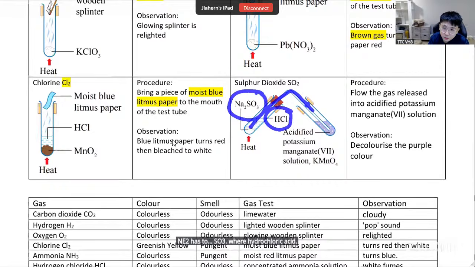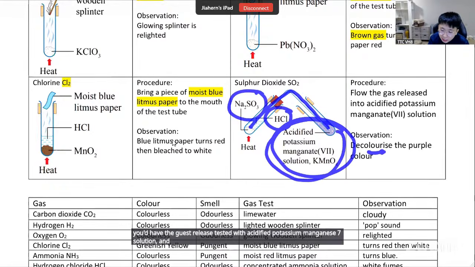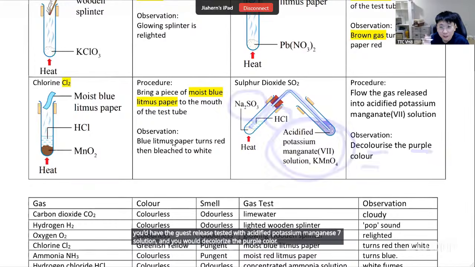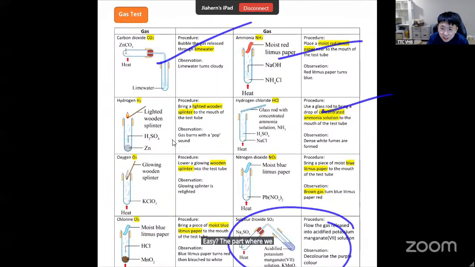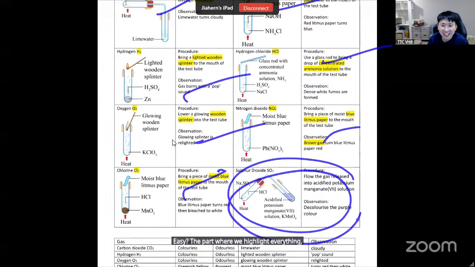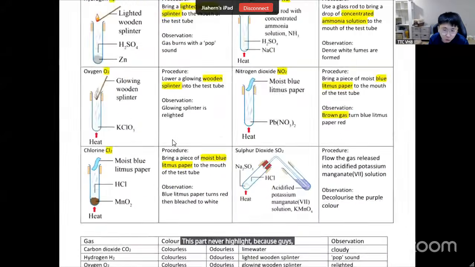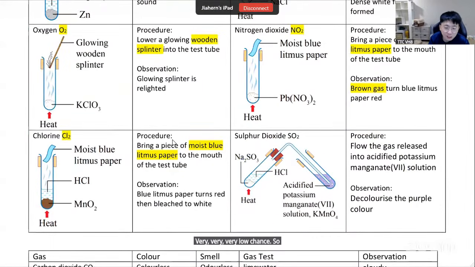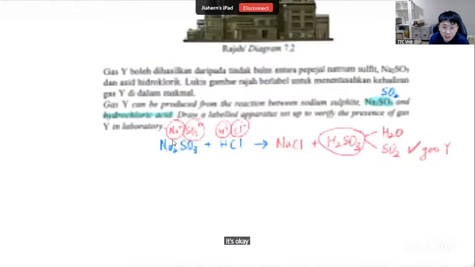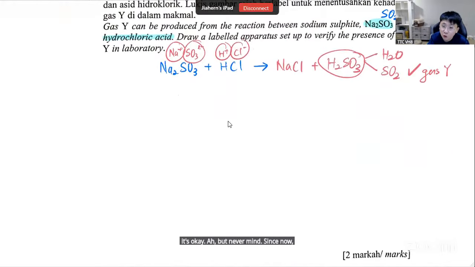You test the gas released with acidified potassium manganate(VII) solution, and it will decolorize the purple color. The part where we highlight everything, this part we never highlighted, because this one has a very low chance. So if it comes out, it's okay. But never mind, since now you all have learned, you all know what to do.